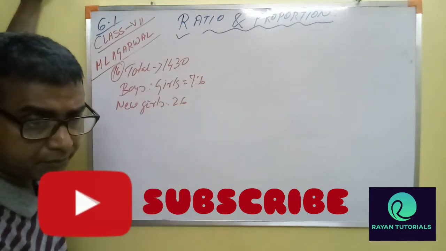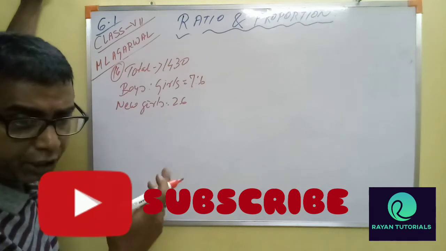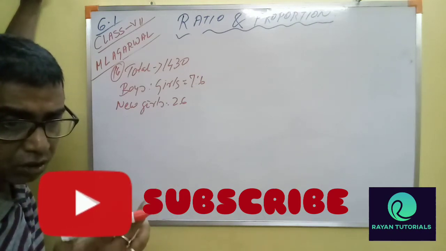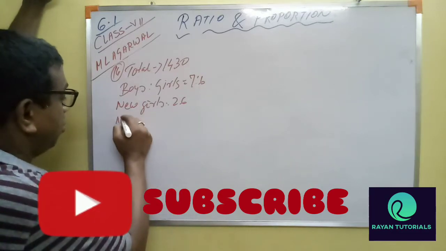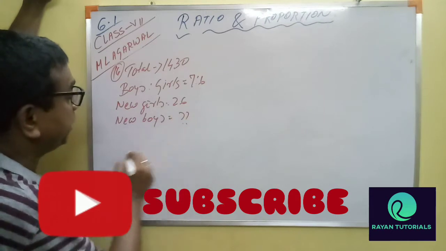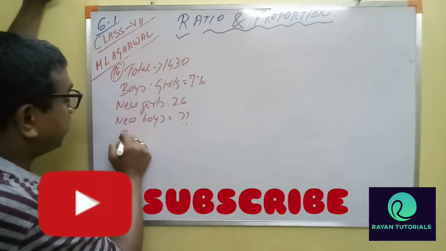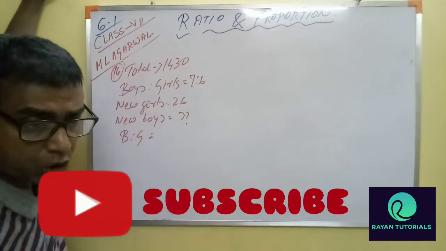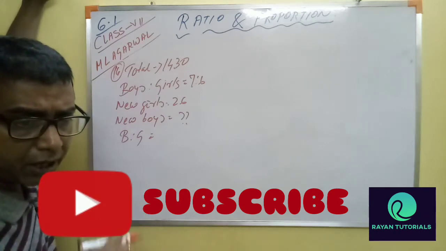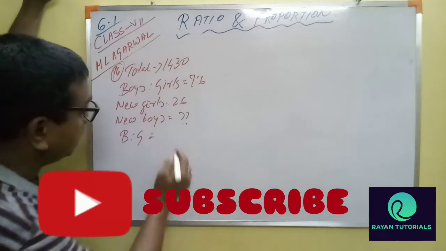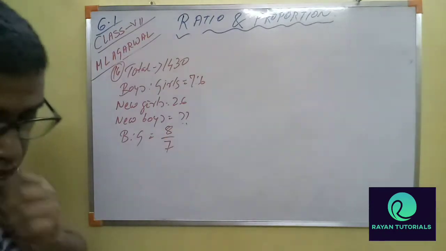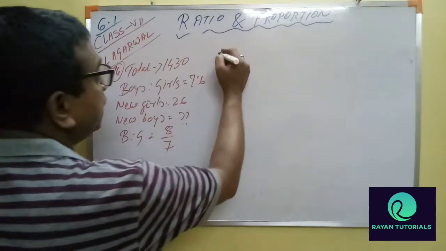How many new boys may be admitted so that the ratio of the number of boys to the number of girls is 8/7? Okay. Very simple.